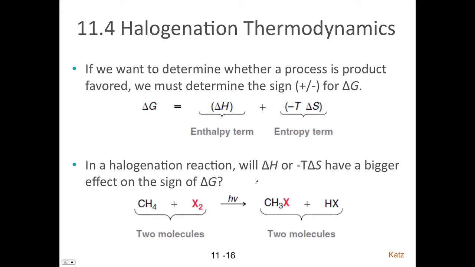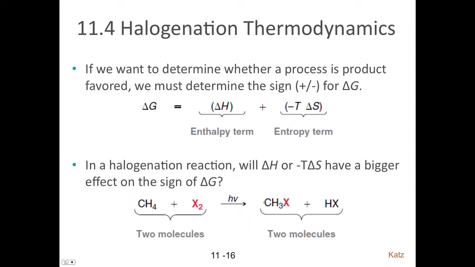So in terms of thermodynamics for radicals, it's pretty straightforward stuff. We won't go into it that much, but I'll give you the 101 on it. So in a radical halogenation process, we want to have a very enthalpic process here.